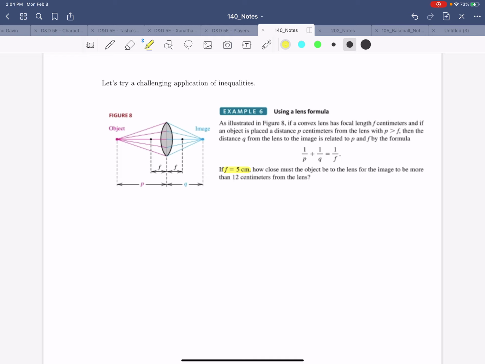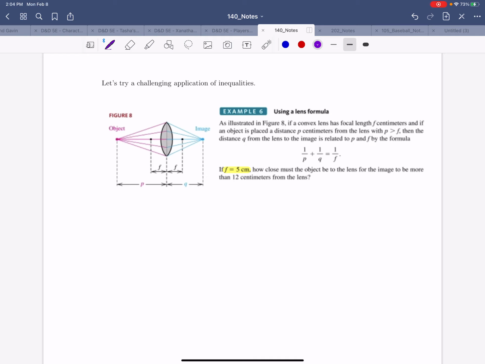So we're going to solve for Q in terms of P, and then we're going to use the inequality Q is greater than 12, and we're going to solve for P. That's going to be the approach that we use, right?